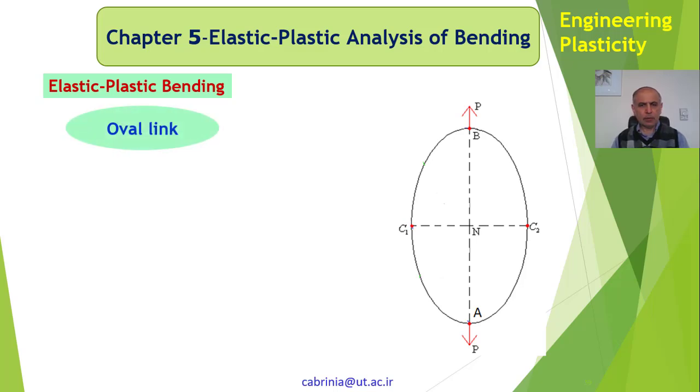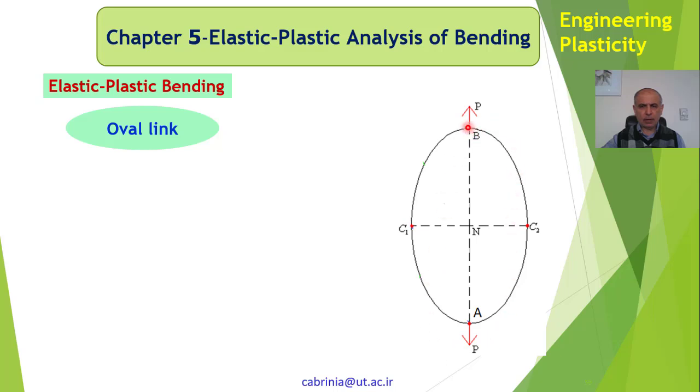Continuing from the last two previous parts, we are going to solve some examples using the collapse load. Now, in here, I have illustrated an oval link, as you can see.